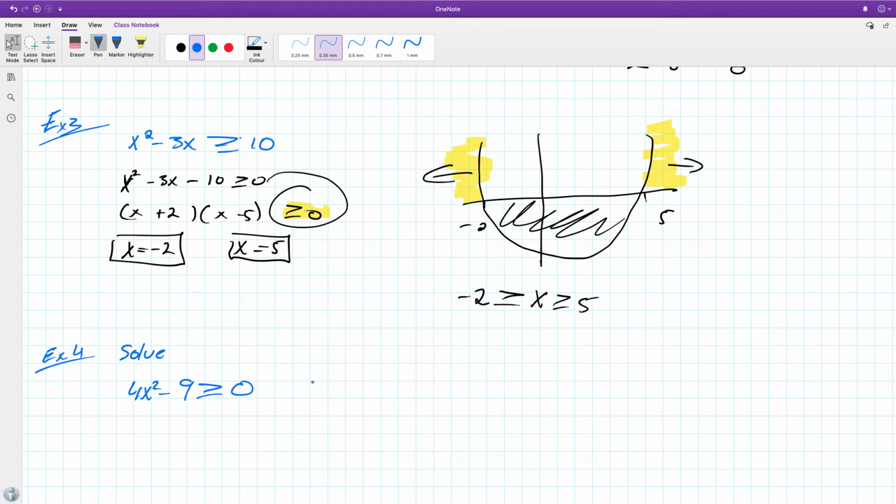So factorize it first. Difference of two squares. So remember the relation.